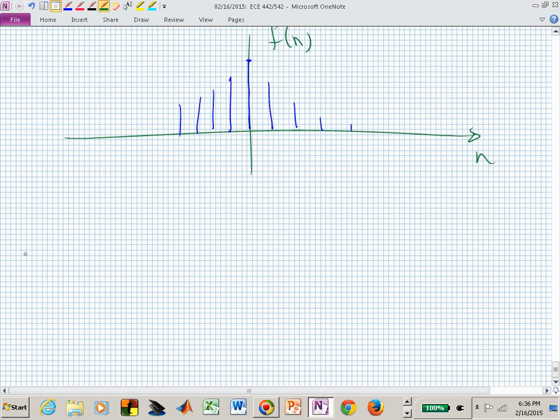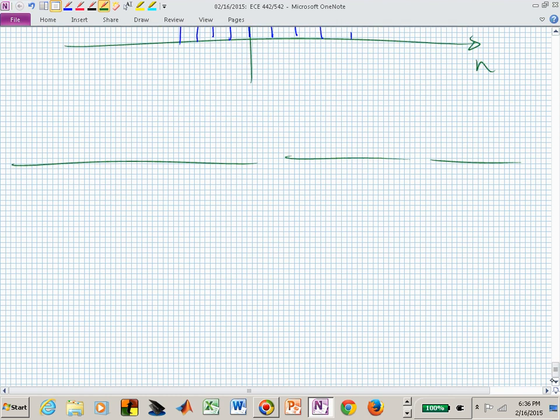Let's look at some different region of convergence possibilities.